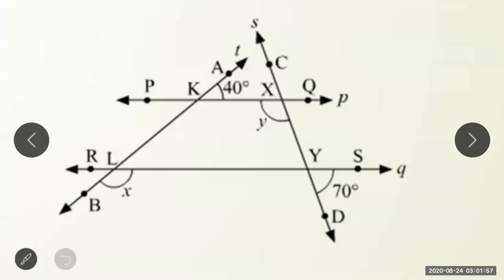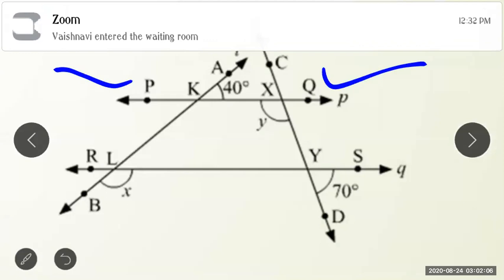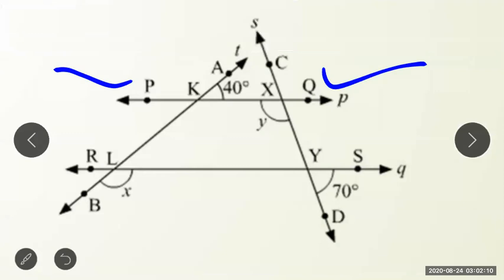First, what have we marked? We have marked P and Q on the parallel line.